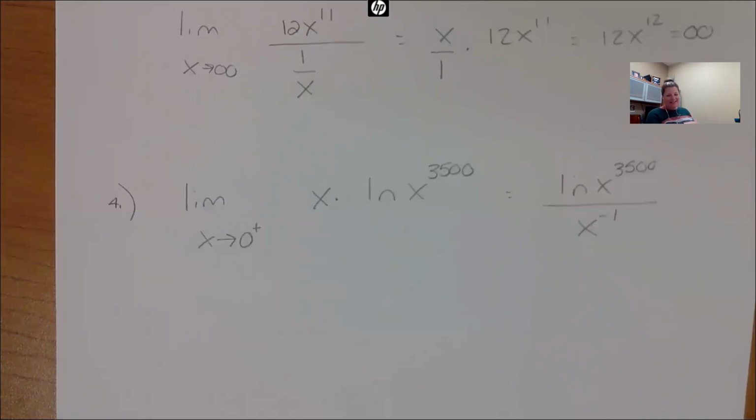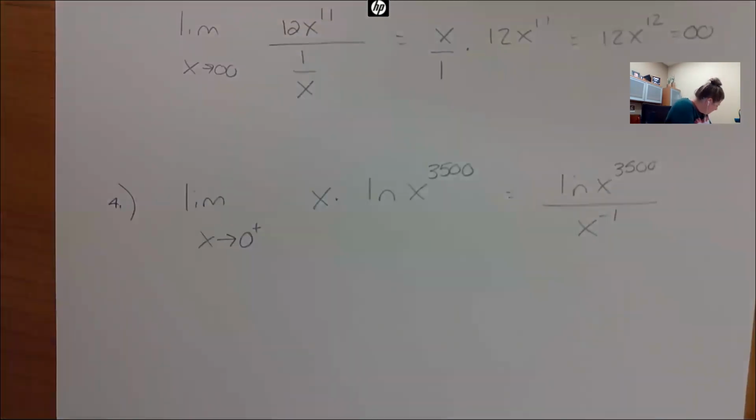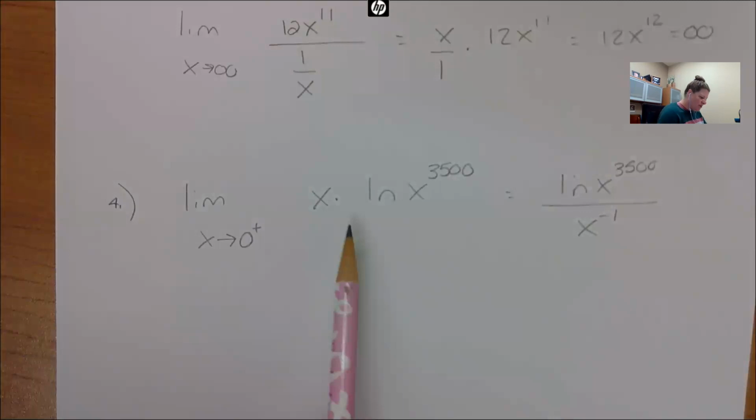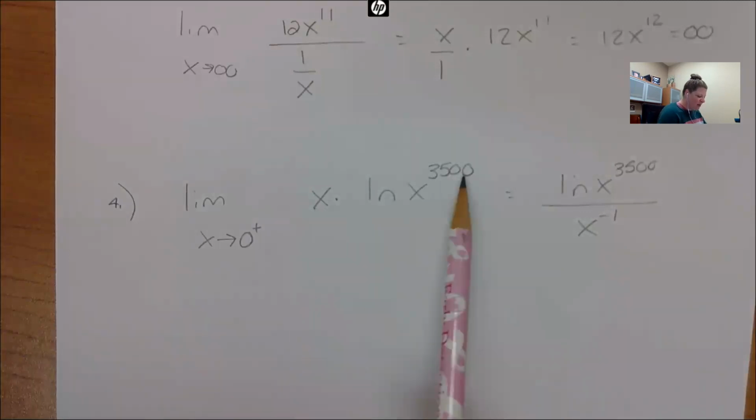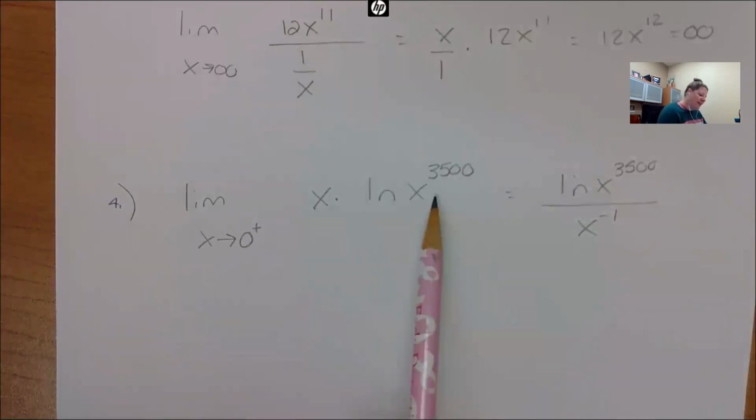I don't think you would have thought of that step at all. So basically it is still in this rule. So we can take the derivative and put in our 0 from the positive side. Because right now we would get out 0, but you can't do the natural log of 0.